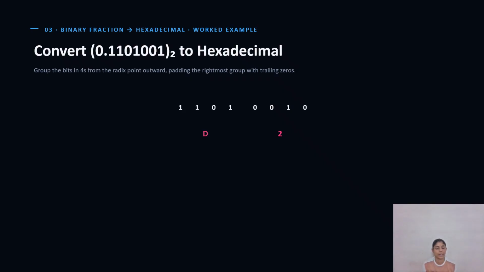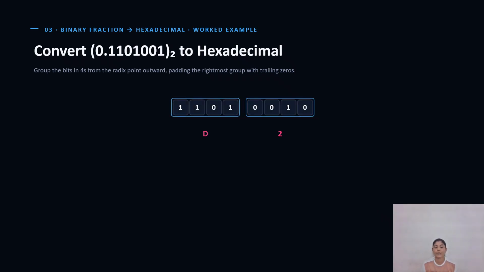Next, we do it for the hexadecimal. Again, the first place near the radix point is minus 1, minus 2, minus 3 and minus 4. Till minus 4 I am grouping 1101. Then minus 5, 0, minus 6, 0, minus 7, 1. But minus 8 I don't have, and for hexadecimal I need a nibble, so I have appended 1 0 outwards from the radix point.